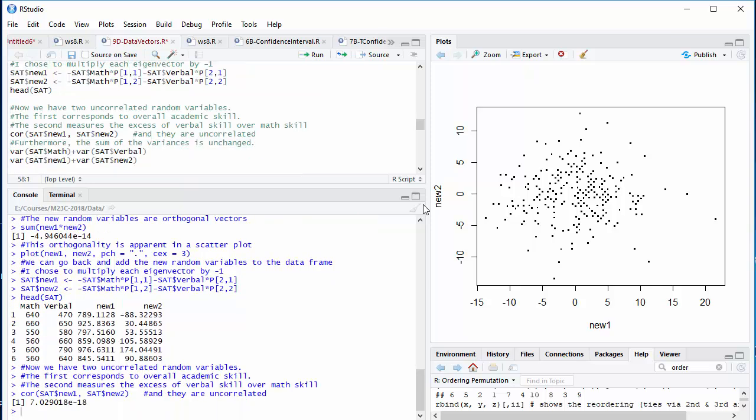These 2 random variables are uncorrelated, so if I give you these 2 things, I've specified in perhaps a more interesting way the content of the SAT scores.